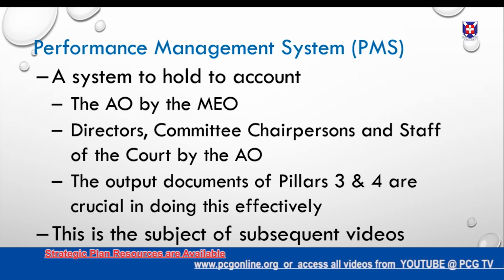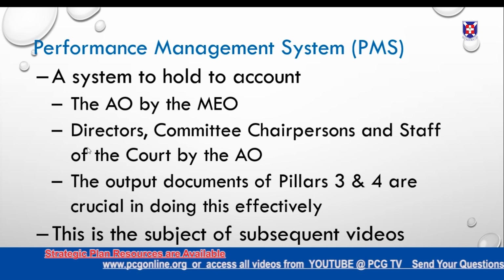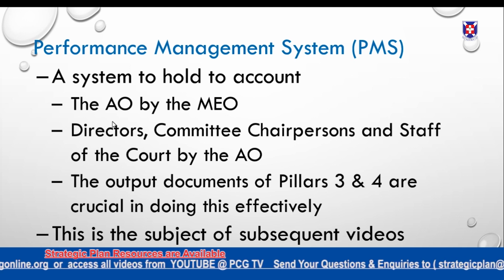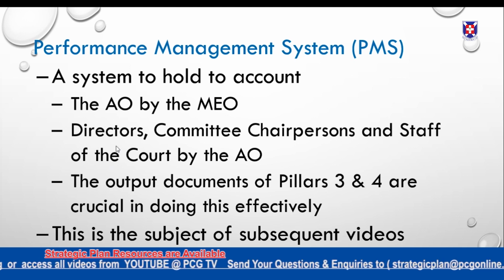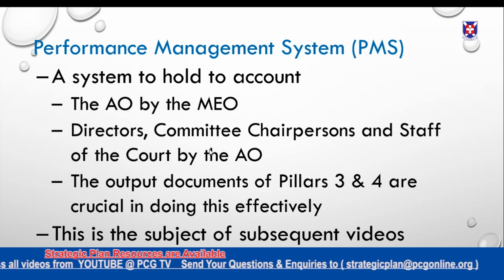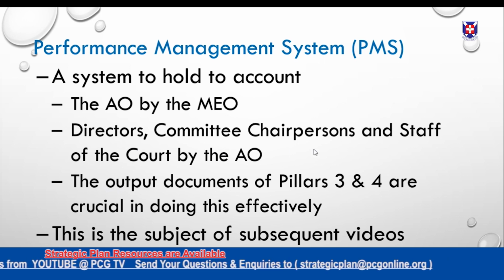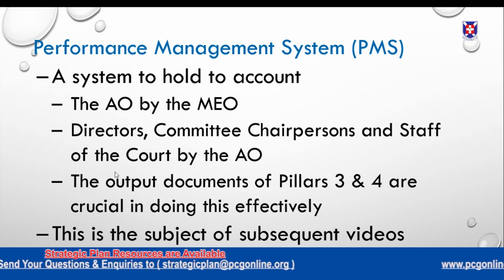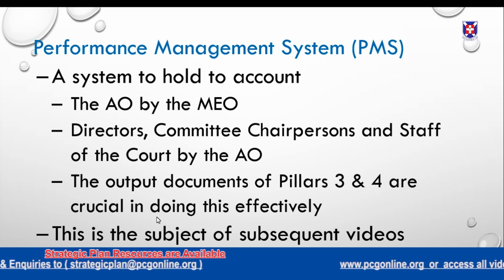These are the tools that they use to relate with each other. So the MEO uses the performance management systems to hold the AO to account. And then the directors, committees, chairperson, and staff of the court are held to account by the AO. So the AO uses these same systems to hold to account the directors, the committee chairpersons, and staff.